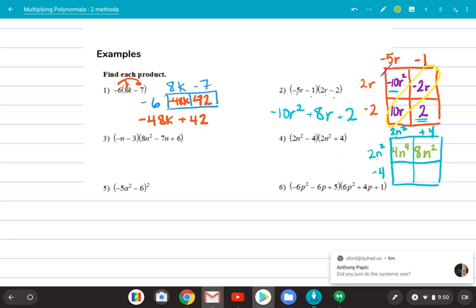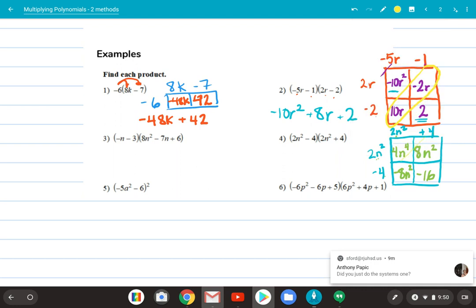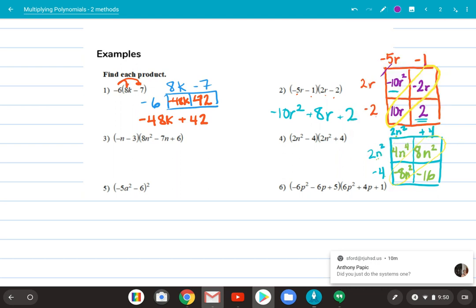Remember, we always add the exponents if we're multiplying. So -4 times 2n squared, and 4 times -4. And again, if you see the diagonal, they both have squareds, so are ones that we have in common. So we start with our top left.